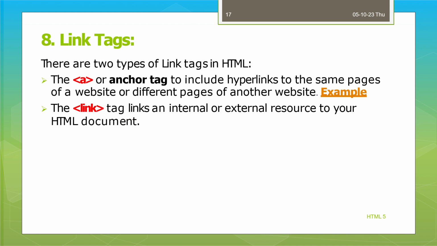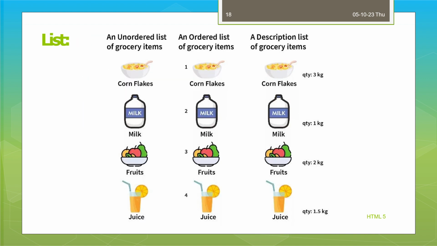So then the next tag is the list tag. The list tag is used to list out a set of items in a random order or in a specific order. To list some items in a specific order, we go for the ordered list. So here we see there are 4 items listed in numbered form, right? If we need to denote a set of items in a random order, we go for the unordered list.